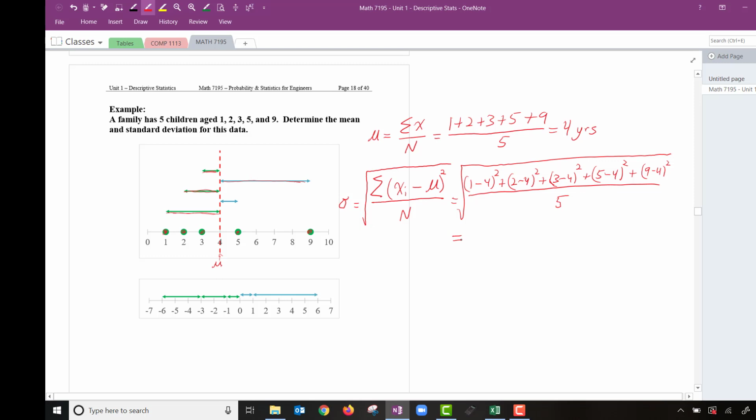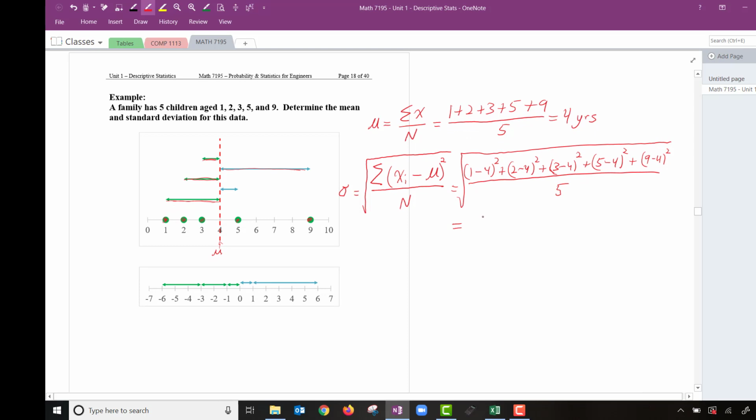Again, take out your trusty calculator, or soon we will learn a shortcut. Your calculator has a built-in mode that will solve this for us, so we don't have to do quite as much work. Let's see. I guess I'll just do it. 9 plus 4 plus 1 plus 1 plus 25, all over 5.